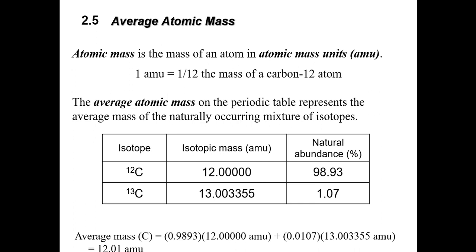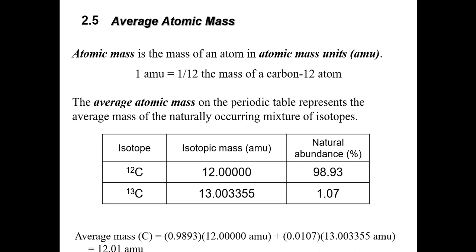How do you find the atomic mass? All these elements in the periodic table have isotopes, but they have different abundances. For example, carbon has 2 isotopes, C12 and C13. If you take a 100 gram carbon sample, 98.93% you get C12 and 1.07% you get C13. So you take both isotopes into account.